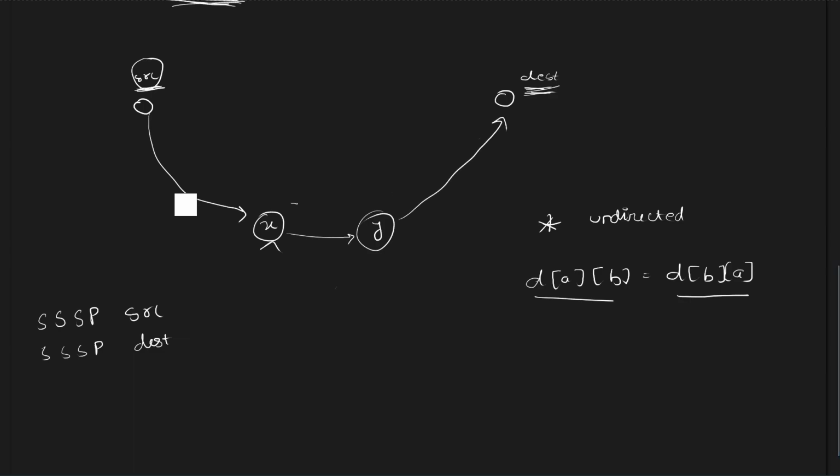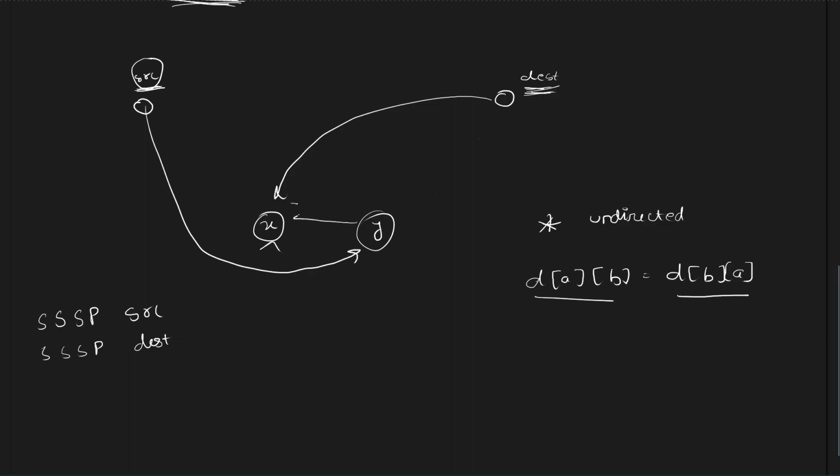The other way is that source is connected to y, from y we go to x, and from x we go to destination, right? So for each and every curved edge, we find the minimum of these two options, and we consider the minimum of all the values computed as our answer.